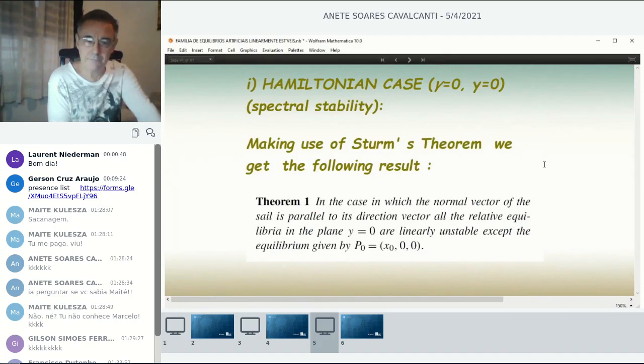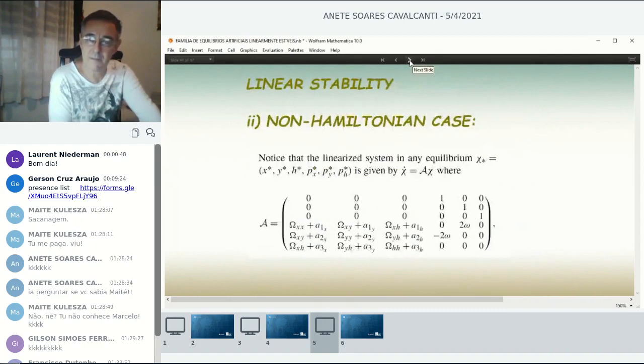And we have this Theorem 1, meaning that in the Hamiltonian case, that's the case where the normal vector of the sail is parallel to the direction of the position vector of the sail in relation to the Sun, equilibria in the plane given by y equals 0 are linearly unstable, except the equilibrium given by the point (x0, 0, 0), which is linearly stable.